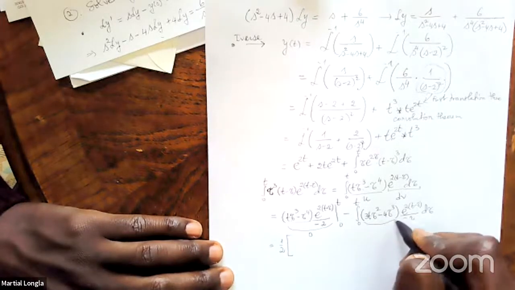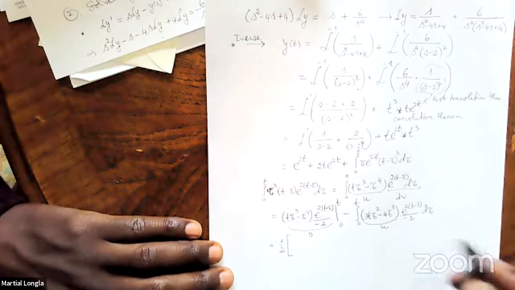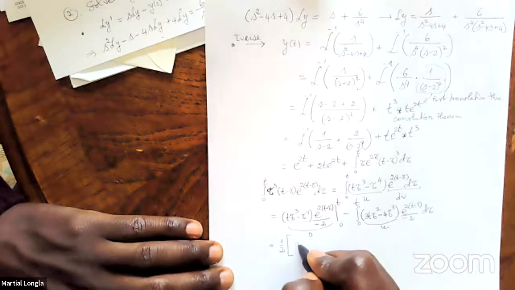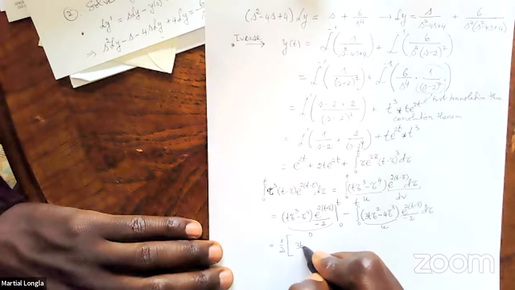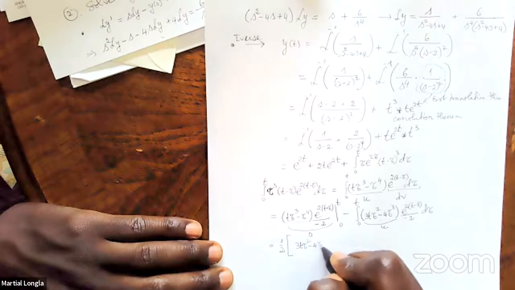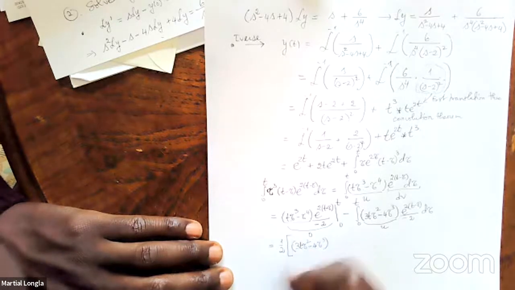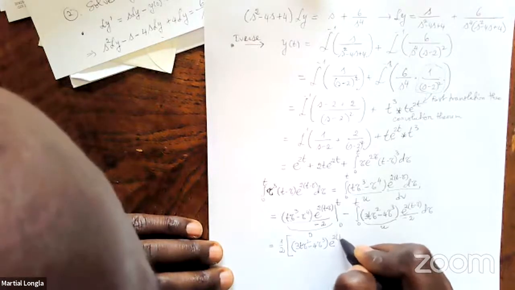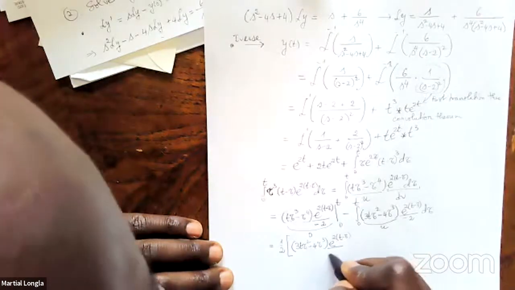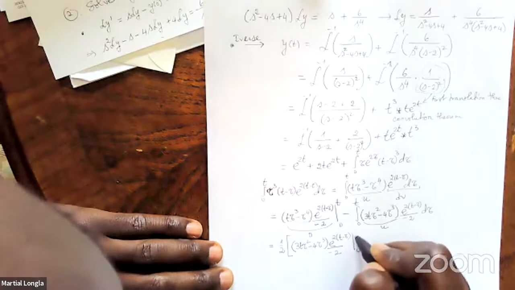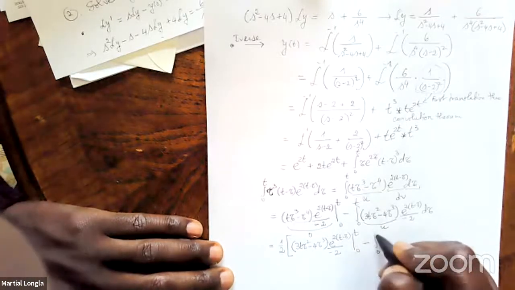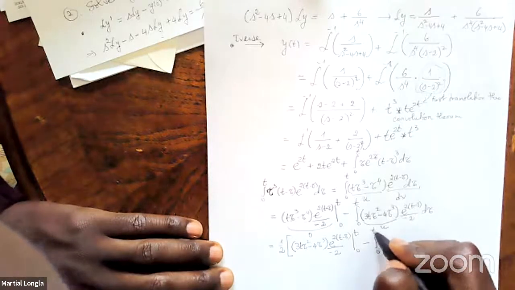Now this is going to be the u, and the other guy will be the dv. So it's going to give me 3t tau squared minus 4 tau cubed. That's u, and v is going to be same as in the previous, e to the 2 (t minus tau) over minus 2, from 0 to t, minus the integral 0 to t.